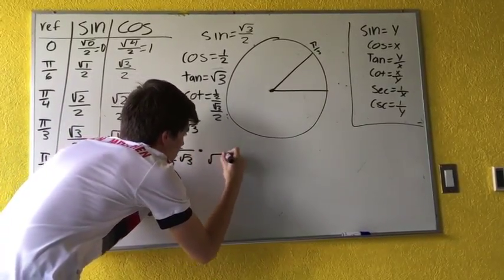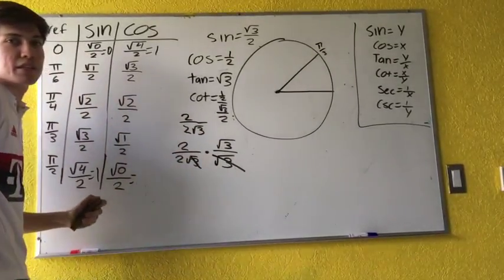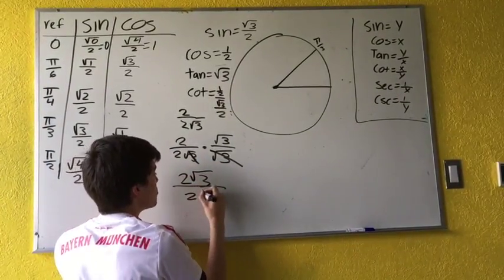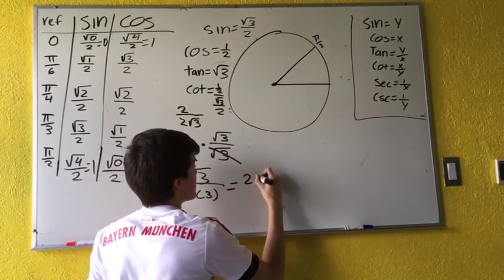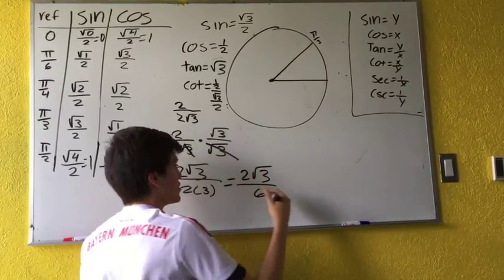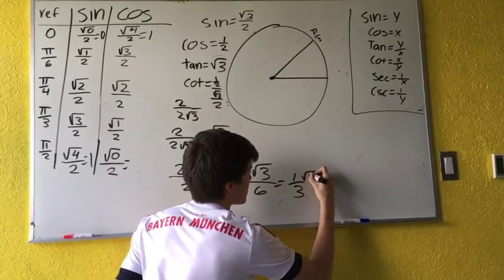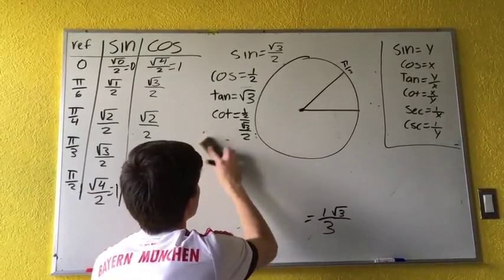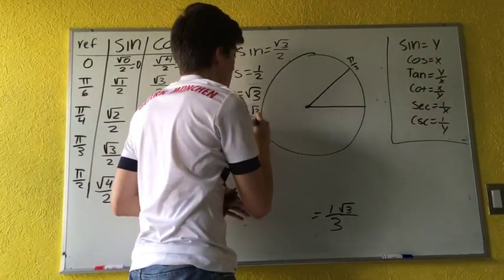We multiply with the same radical, so this is going to be eliminated, and it's going to be 2 root square of 3 over 2 multiplied by 3. But we can simplify this, so the result of the cotangent is root square of 3 over 3.